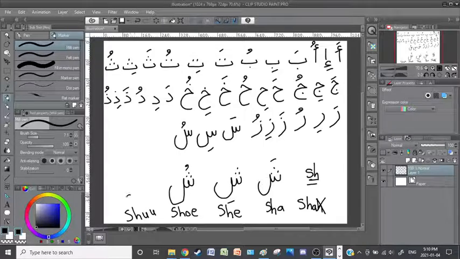I believe that this is how it is written, or is it with two O's? Let us go with the known one, or at least the one that I know, not the onomatopoeias. And I think it is saving. Oh, okay. Sha, she, shu.